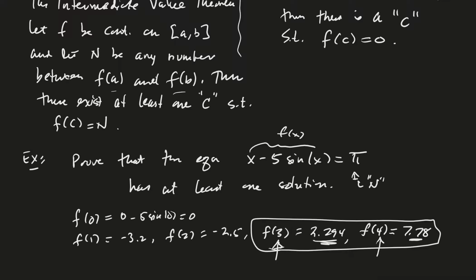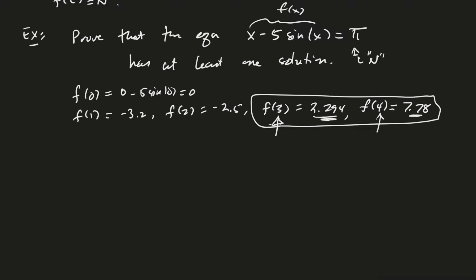So let me say that again. In what we computed, we know that f of 3 is less than pi and f of 4 is greater than pi.